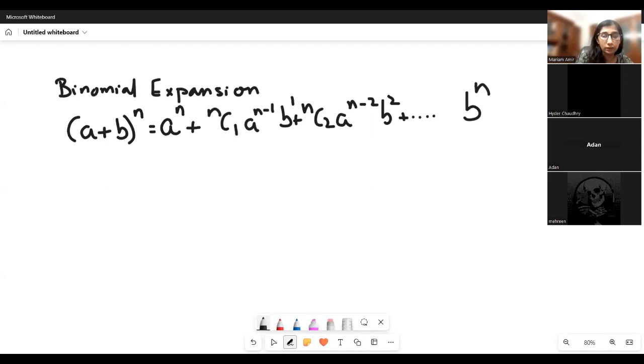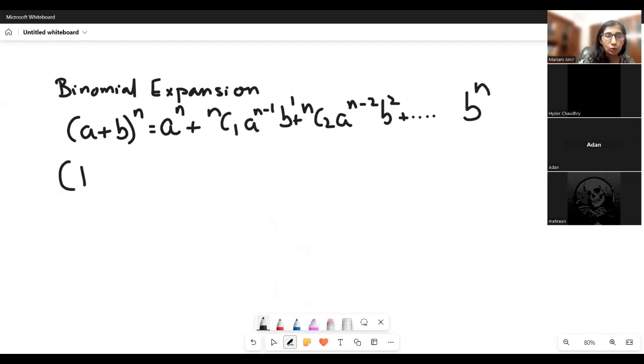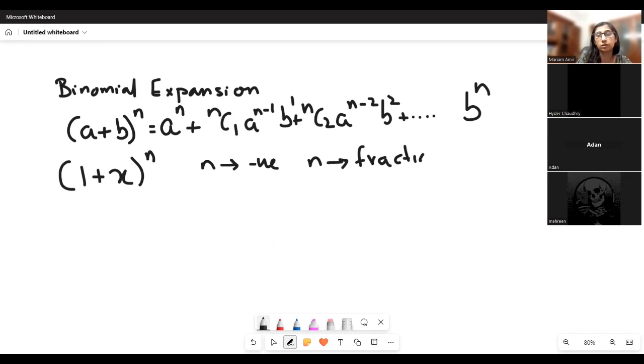Now what will happen this year is we will learn how to expand (1 plus x) power n, where n could be a fraction value and n could be negative. So n could be negative and n can be a fraction, a rational number.